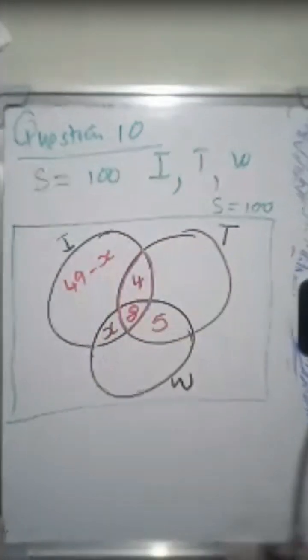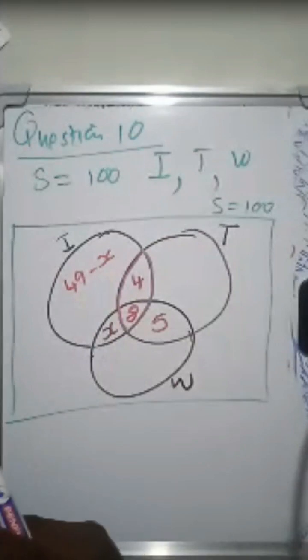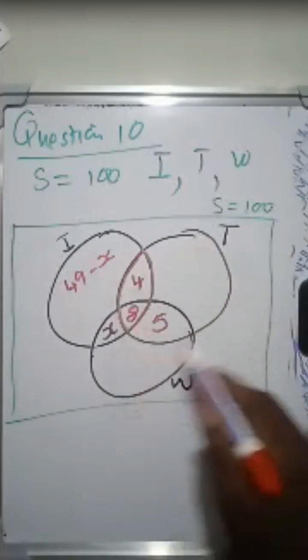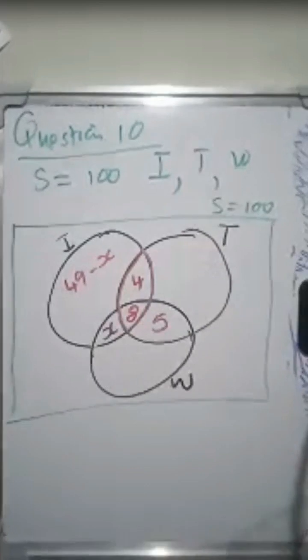Okay, right? Then the next one says 19 use Twitter. So it means the whole circle for Twitter should have 19. Right?